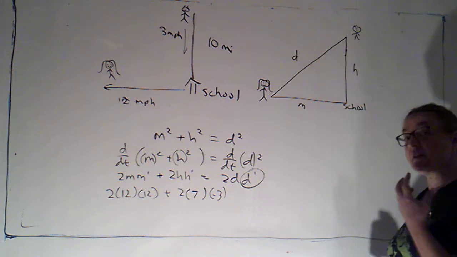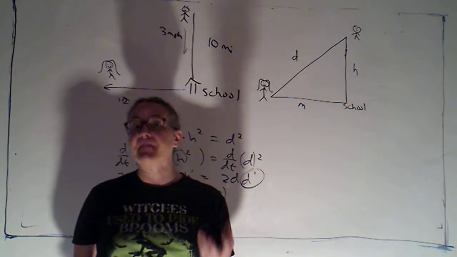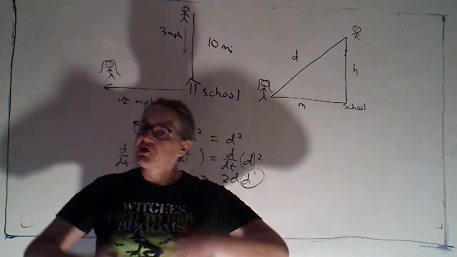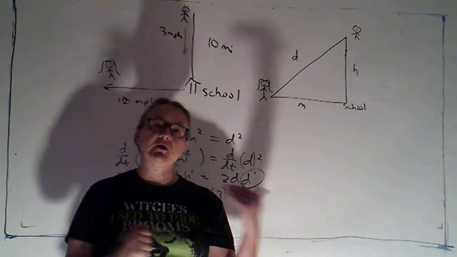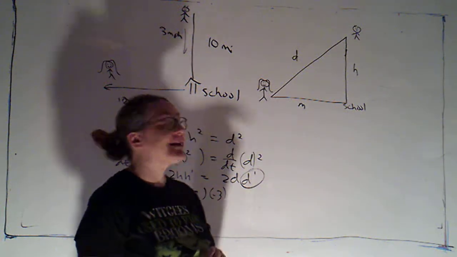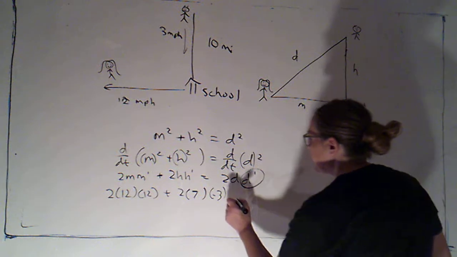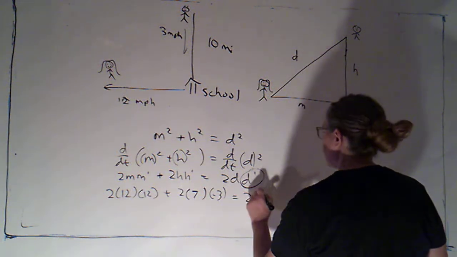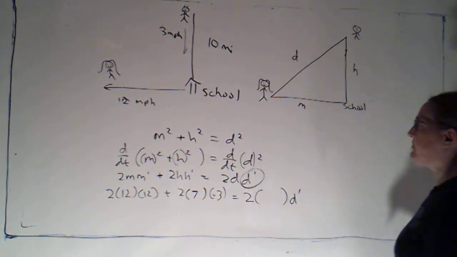So you want to remember, in these related rates problems, we're almost always given the absolute value of the derivatives, and we're just told in words the direction in which things are changing. So we need to interpret the problem to see the appropriate sign to attach to those derivatives. Okay. Now, this will equal 2 times, I need to plug in D, and then I should be able to solve for D prime.